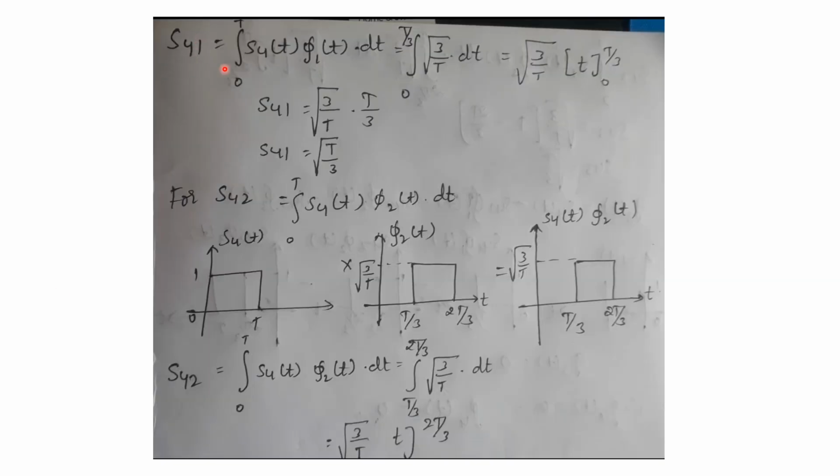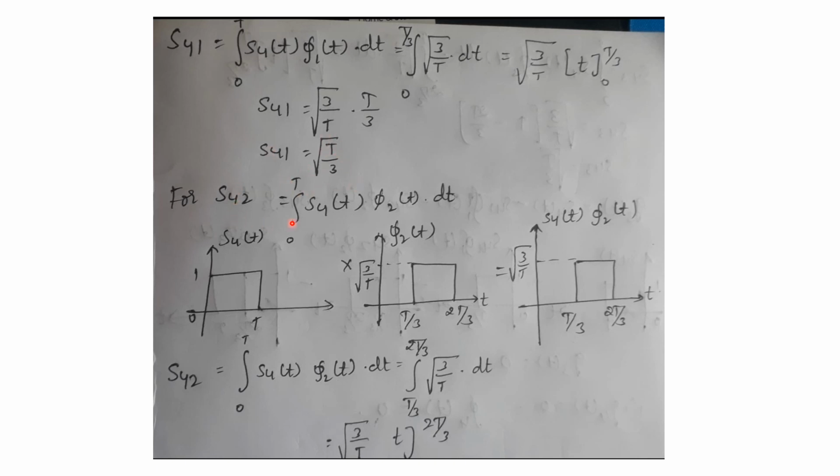Now s41 is equal to the integration of 0 to T by 3 of square root of 3 by T into dt, which is square root of 3 by T into t with limits from 0 to T by 3. After simplification we get s41 is equal to square root of T by 3.